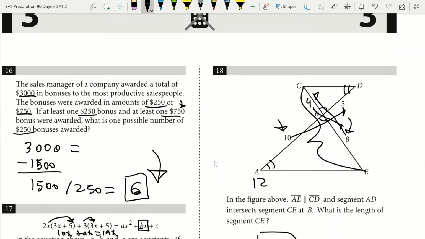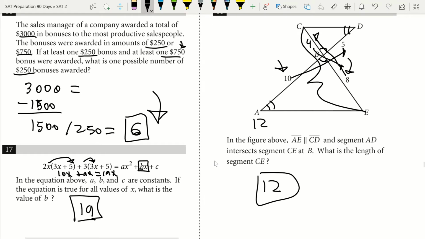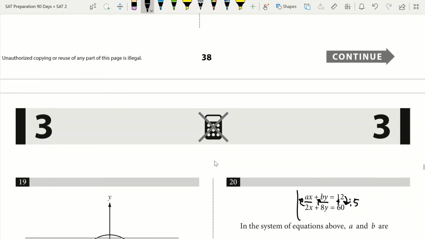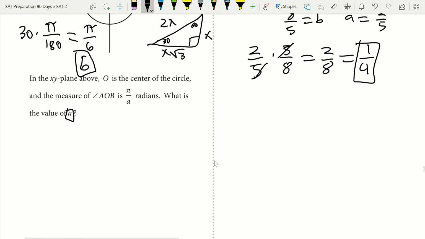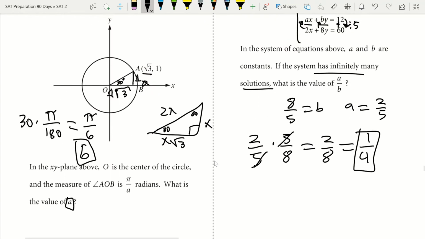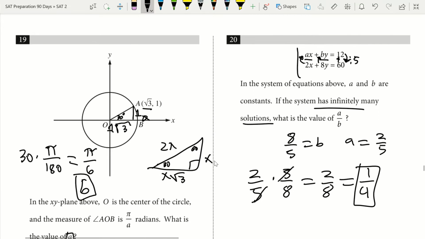Then number 18, we have 12. Number 19, we have 6. Yep, 19, we've got 6. Number 20, we've got 1/4.